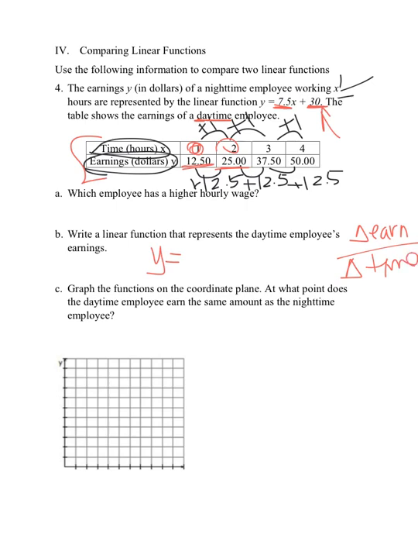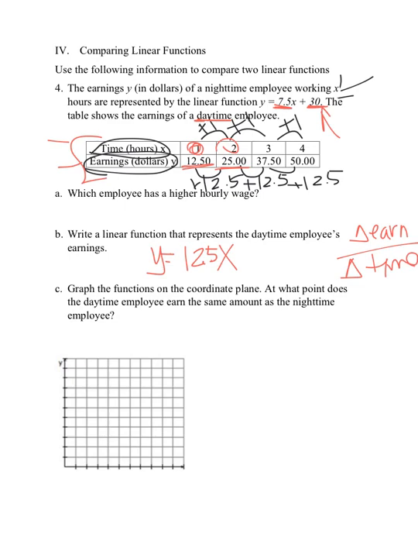Okay, because that's your earnings over your time. So earnings over time is going to give you that $12.50 per hour. I just wrote 2x.